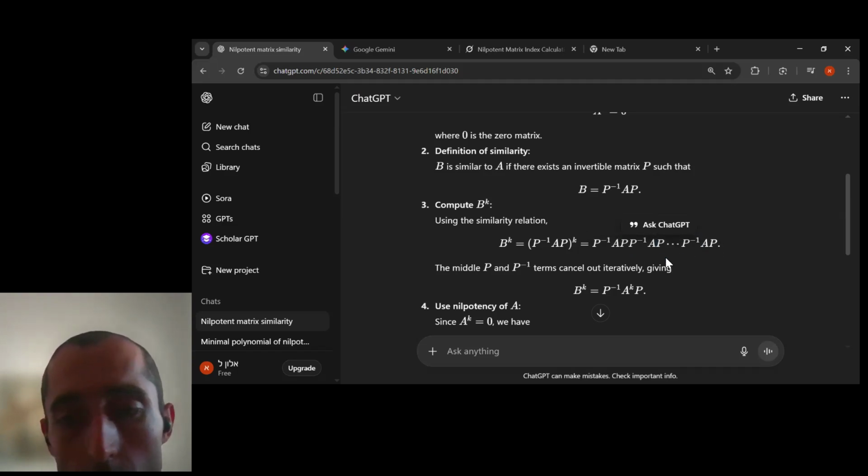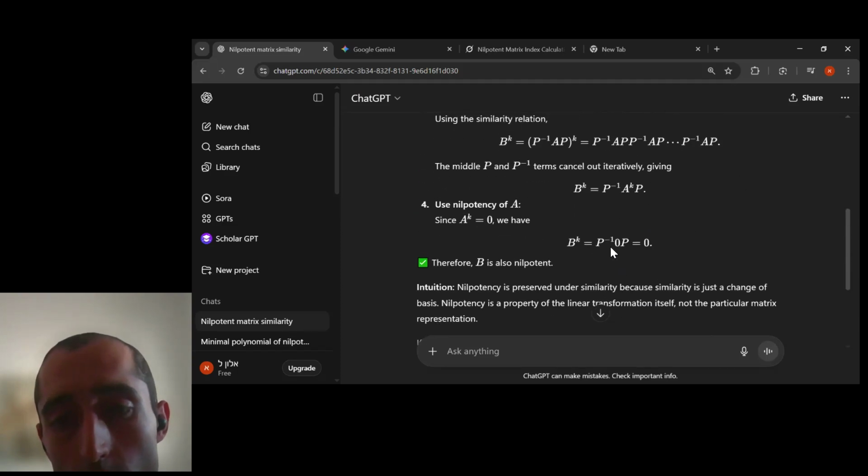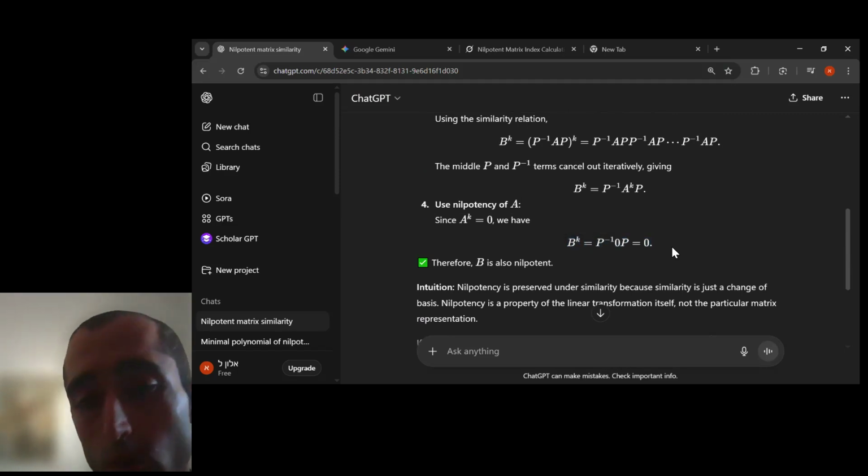Every P and P minus 1 will be I. Anyway, it will become P inverse A to the power of k P, but A to the power of k is 0, so B to the power of k is also 0. So here it is, B is also a nilpotent matrix.